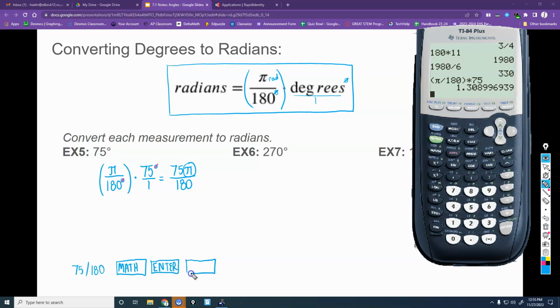We're not going to get our computers out right now, but let me show you how to do it on Desmos also. So let's finish this up first though. 75 divided by 180. Math, enter, enter. It'll reduce that fraction for me. 5 over 12, so I would get 5 pi over 12 radians.